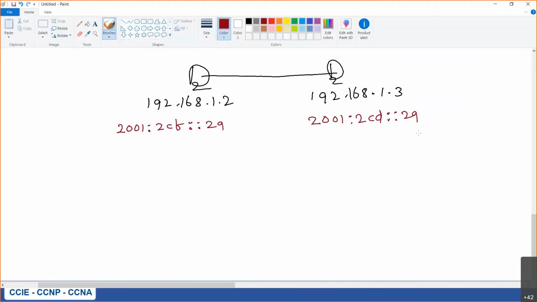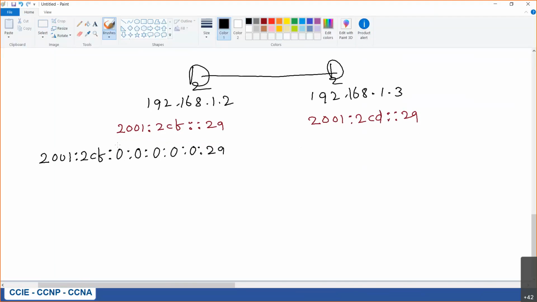To understand that, let me first write this IPv6 address in the eight-quartet format. 2001:2CF:0:0:0:0:0:29.